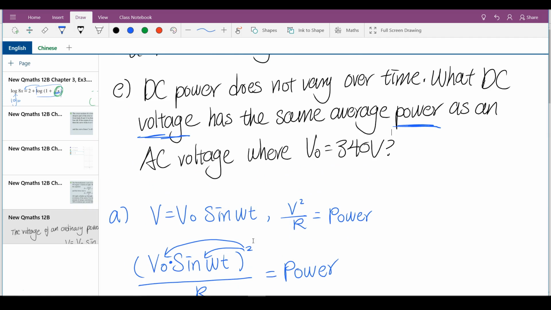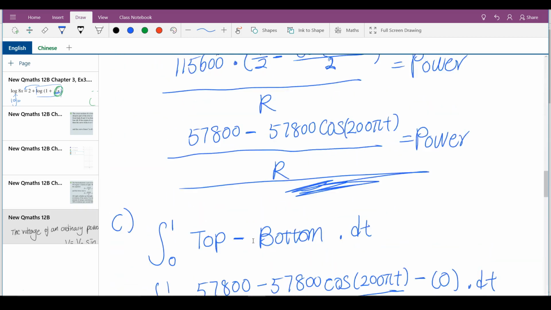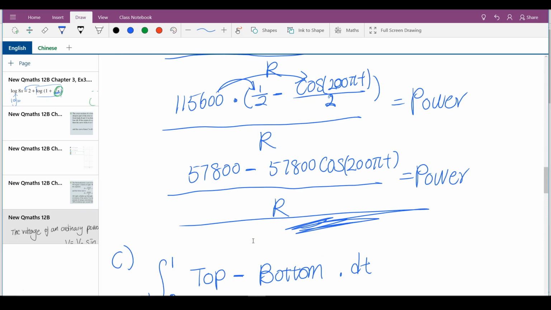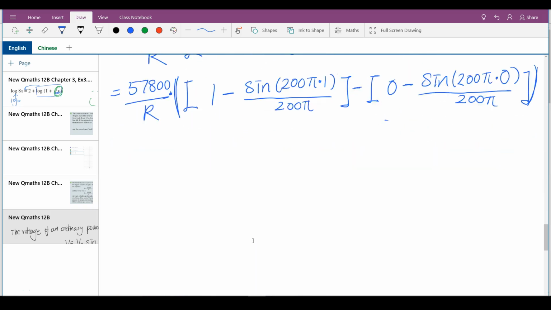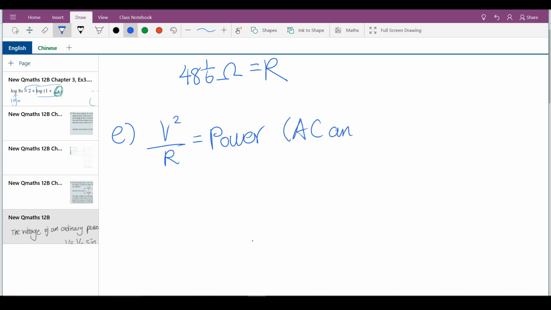All right, so we're looking at power. It has the same power, so we've got our power function here. Let's write down something like this. So last one, E. We know that V squared over R is equal to the power. And this goes for both AC and DC.